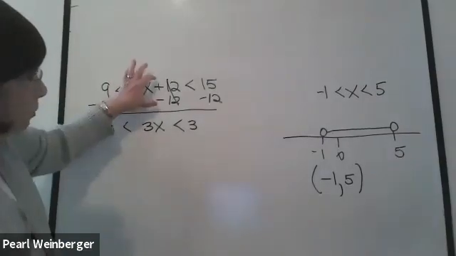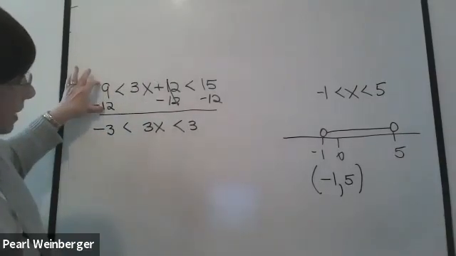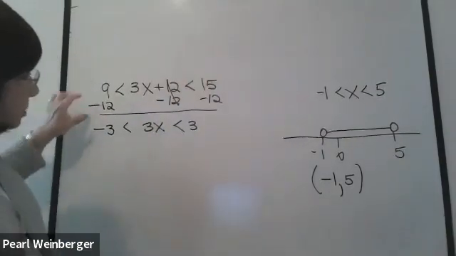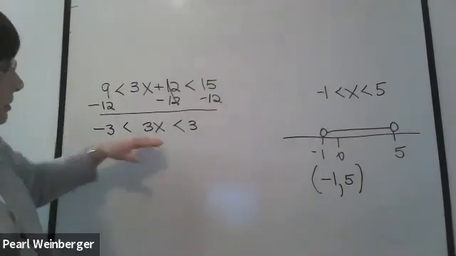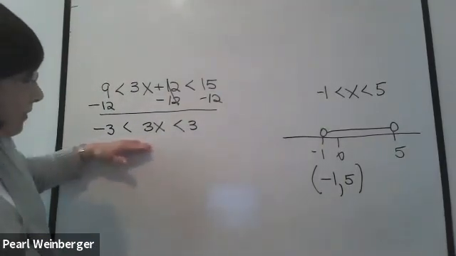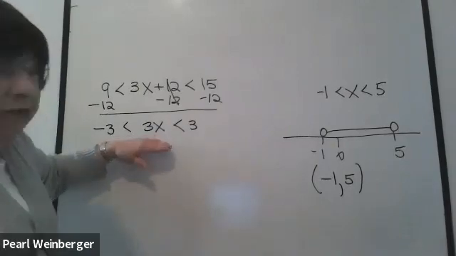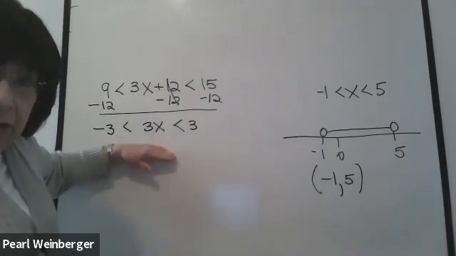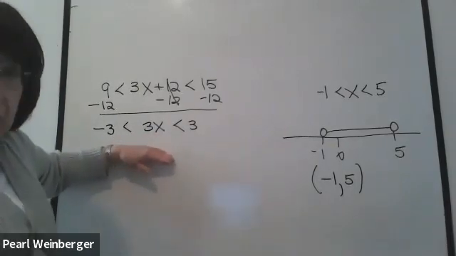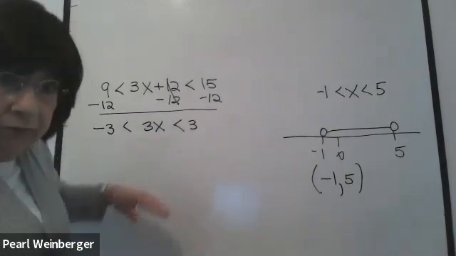So whatever I do in the middle, I do the same thing at either end, not just in one end, but both ends. I've gotten further, but I still don't have a plain X just in the middle. What do I have to do when I want to get a plain X in the middle?